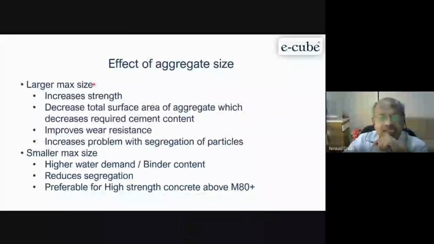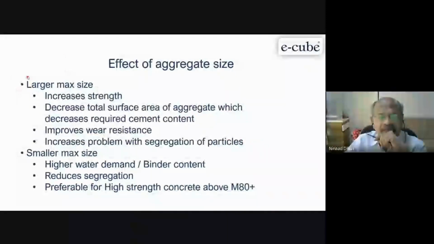So larger size gives lower cement content, and smaller size gives higher binder content, cement content or water demand. With larger size aggregate, wear resistance could improve, but there is a chance of segregation of particles, meaning they go away from the main mortar of concrete.